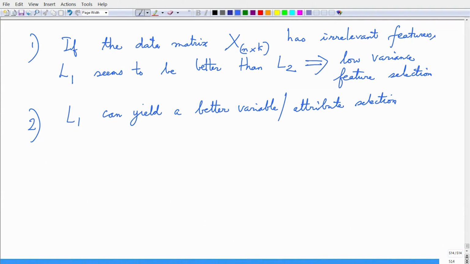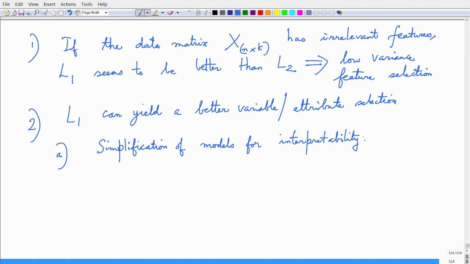And what is the consequence of this better variable or attribute selection? So there are three consequences. One, it leads to simplification of models for interpretability.